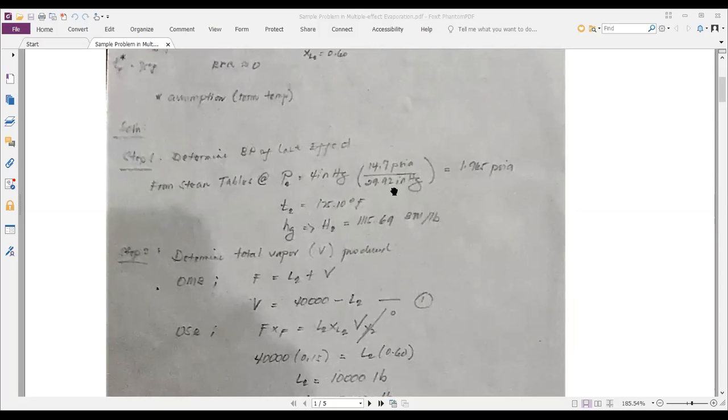Okay, so 29.92 inch mercury converted to PSIA will be 14.7. So your 4-inch mercury will now be 1.965 PSIA. Now you are to determine the boiling point of the last effect. So from the steam tables, if you use this pressure, you will get this saturation temperature.